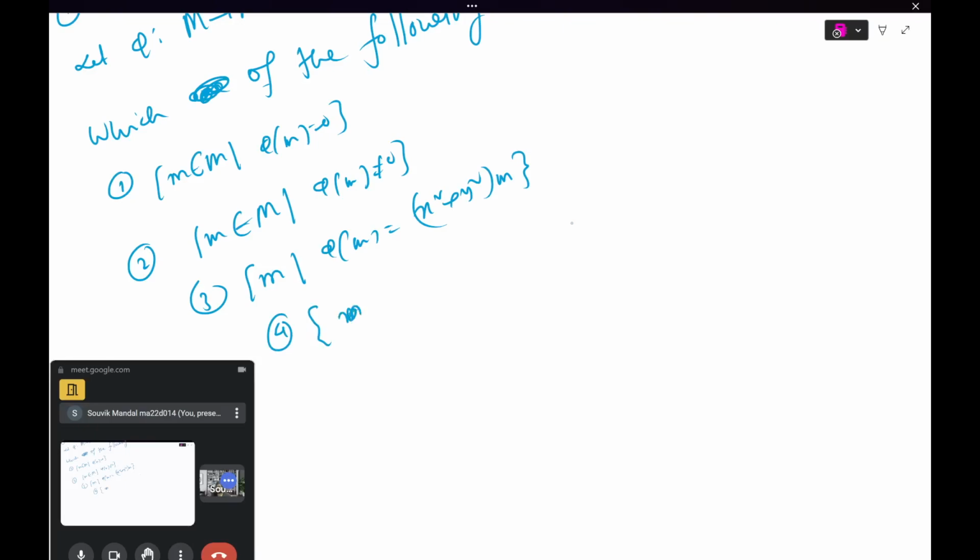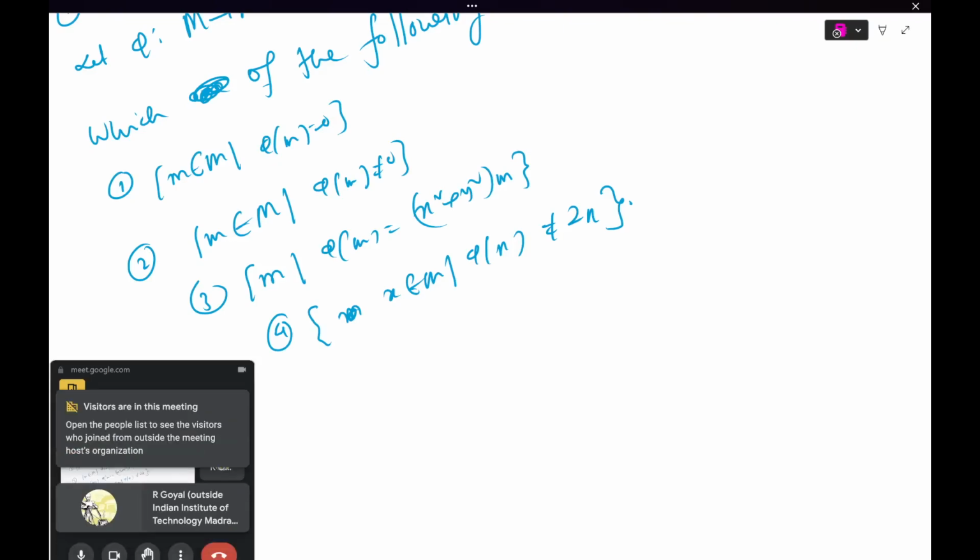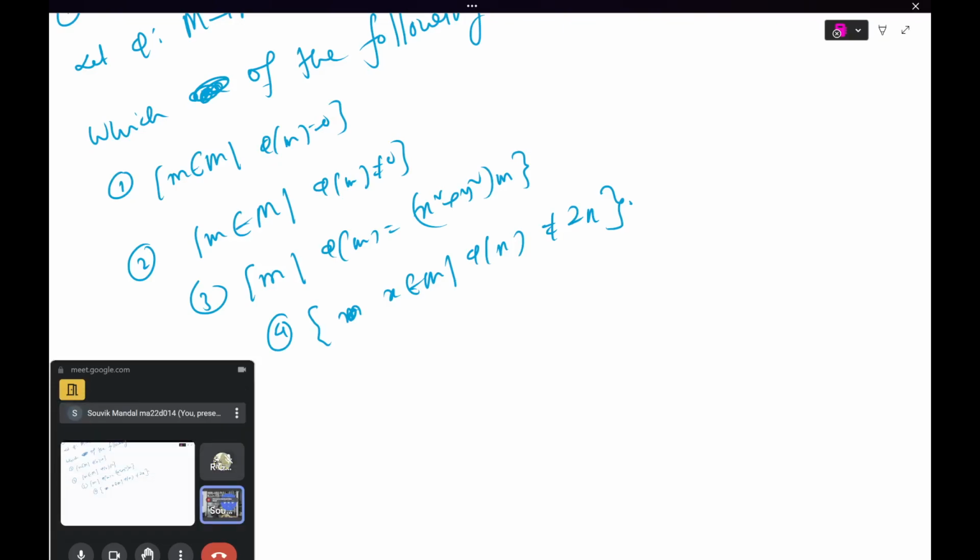Option 4, all those m in M such that phi is not zero. Within these four options, we need to find out which one of the following is not a submodule.